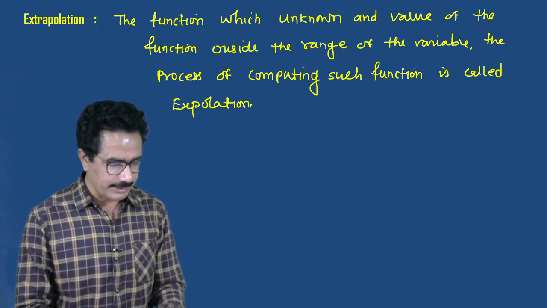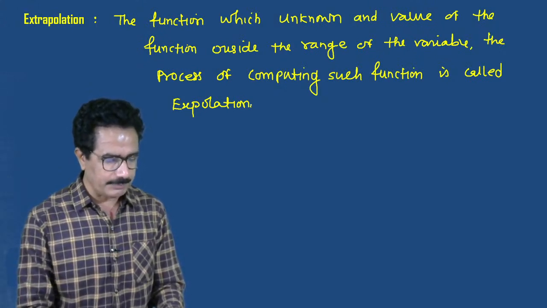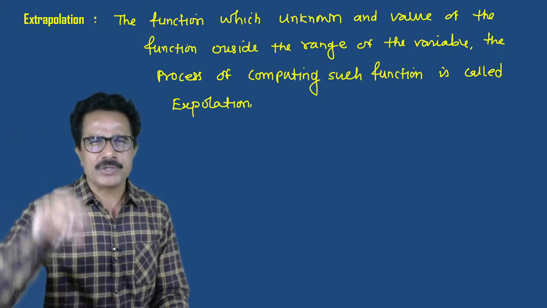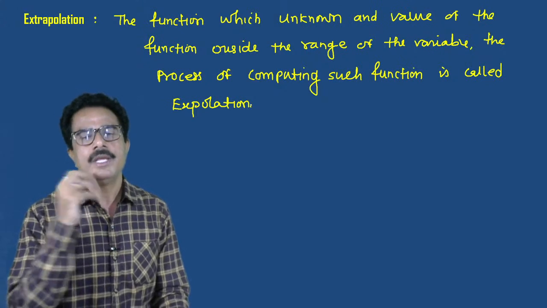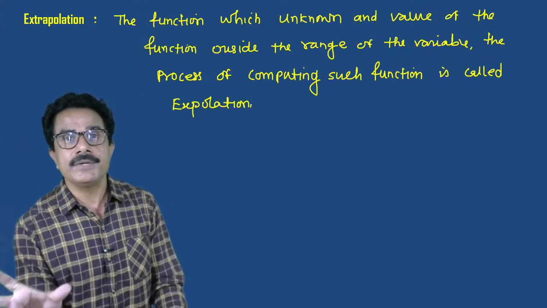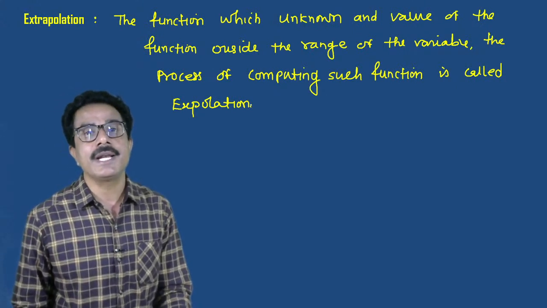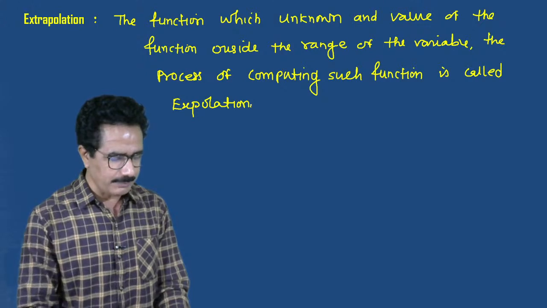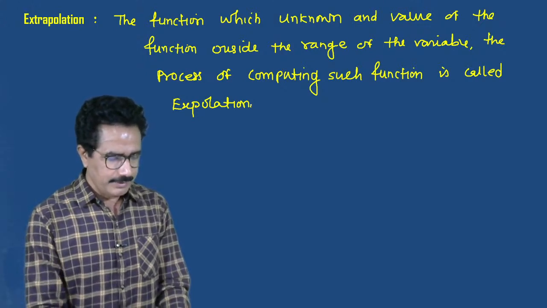Do you understand what extrapolation means, students? See again. Interpolation means the process of finding the unknown term, where the unknown term is in between the range, so that process is called interpolation.